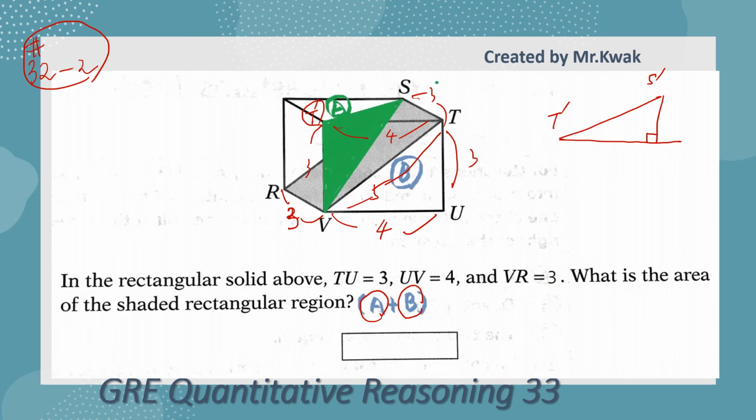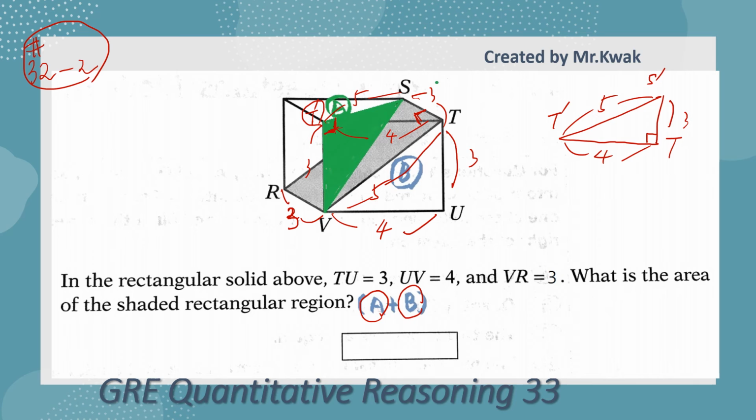It looks tricky, however, this part is a 90 degree. Let's draw again. So 4, 3 again. So T prime S could be 5. And here is also 90 degree.